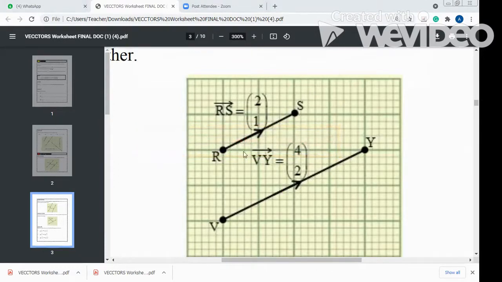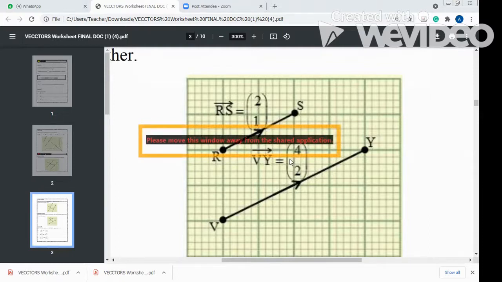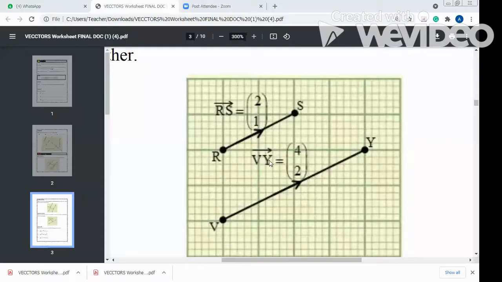If you can find a number that when you multiply the one vector by, you get the other one, then they are parallel. So look at RS and VY. Notice, if you multiply RS by 2, don't you get VY?